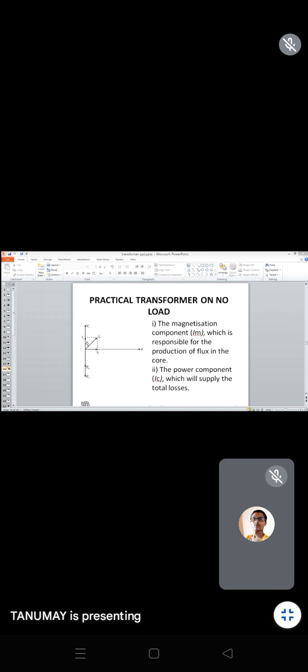That's why that particular current, applied current, that is I0 in case of no load transformer. That means when load over the secondary side will be zero. That means no load connected over the secondary side. So at that particular condition, if we consider flow of current over the transformer is I0.